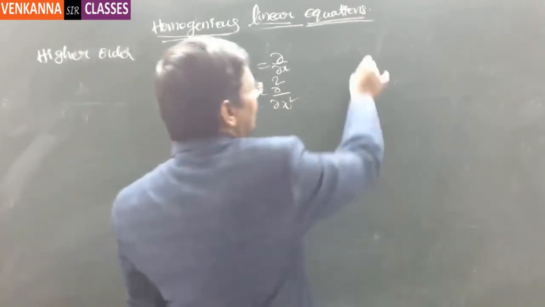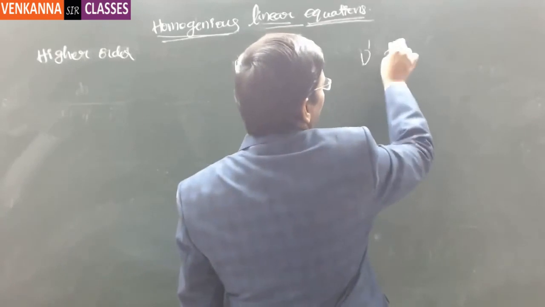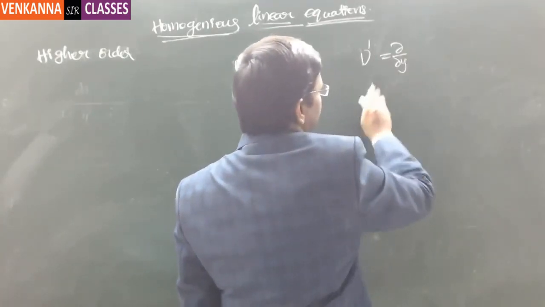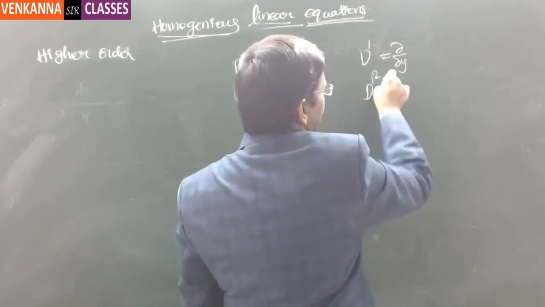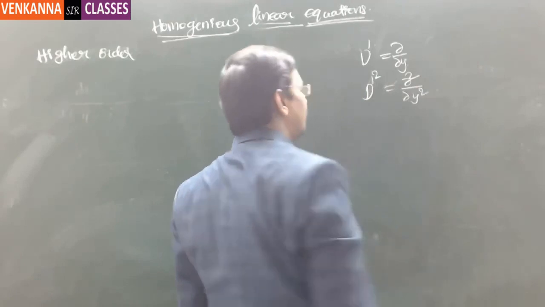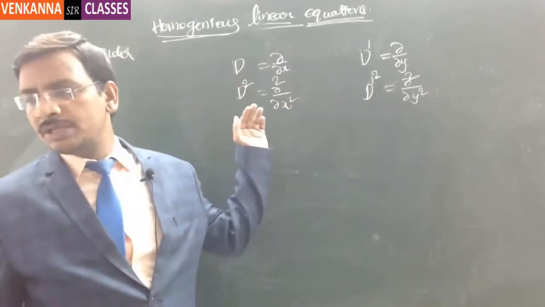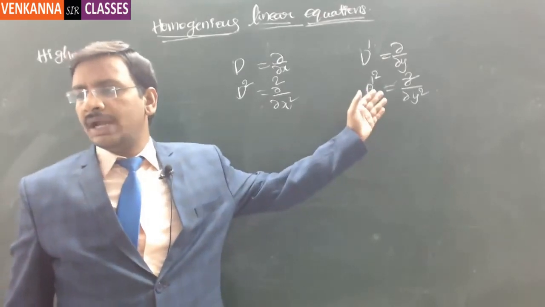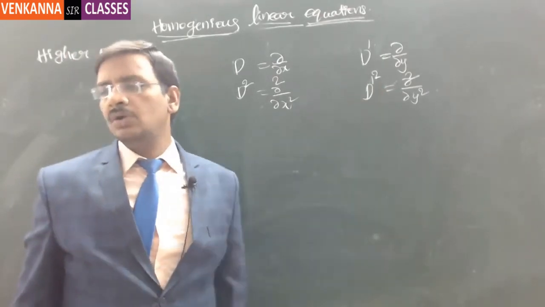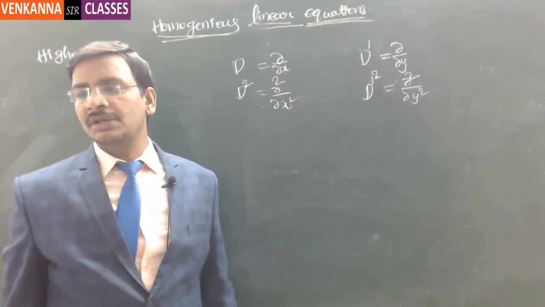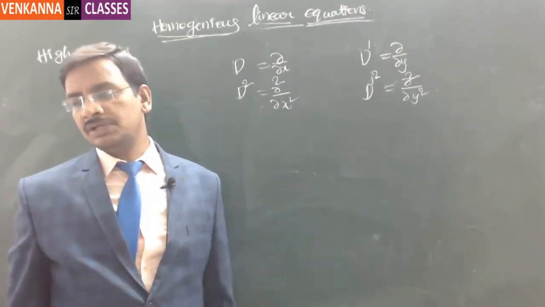And similarly, D dash is used for dou by dou y. And D dash square is used for dou square by dou y square. Similarly, for higher order, D cube is for dou cube by dou x cube, and D dash cube is for dou cube by dou y cube. So that is the terminology that we are going to use in case of higher order differential equations.